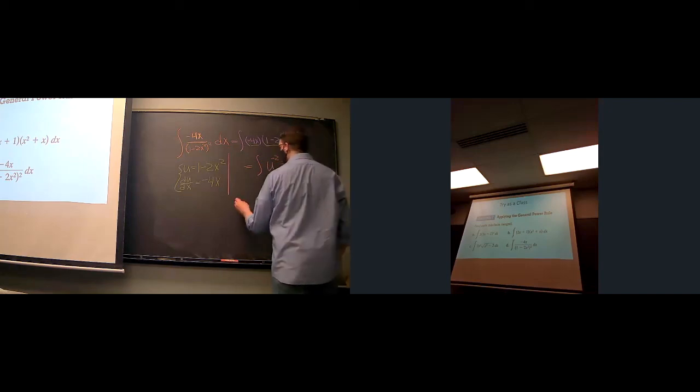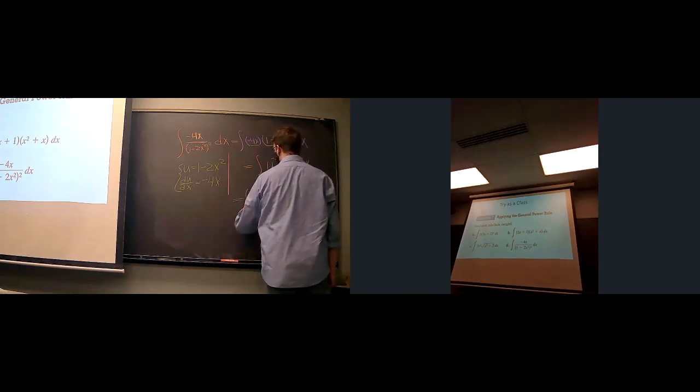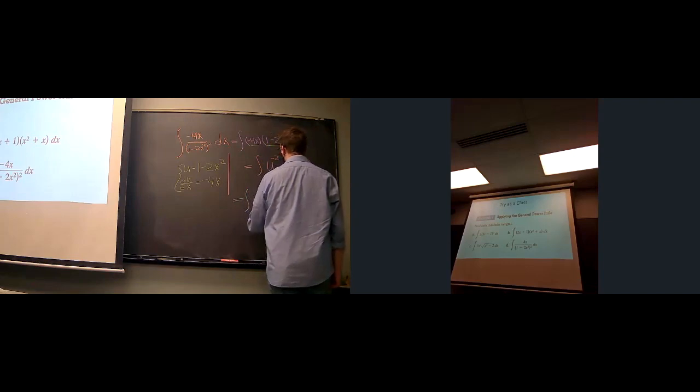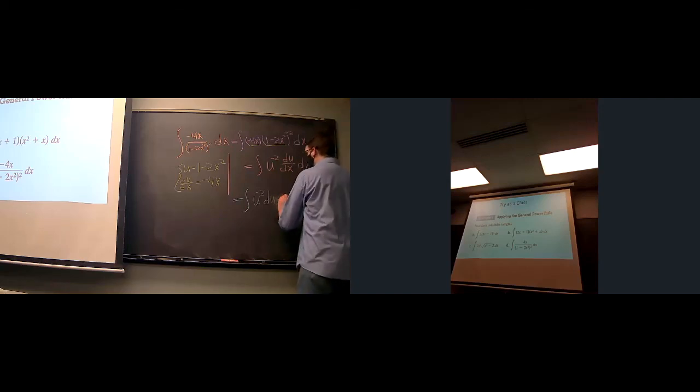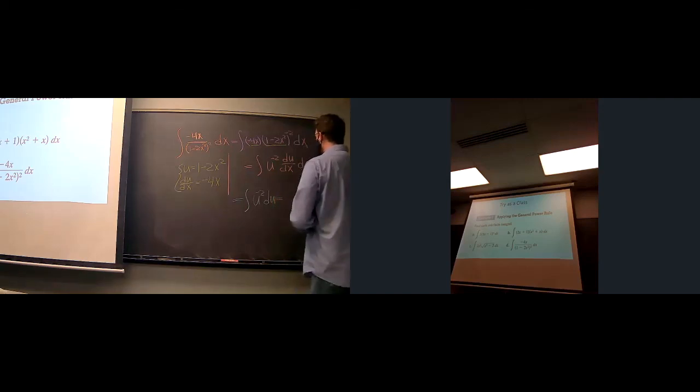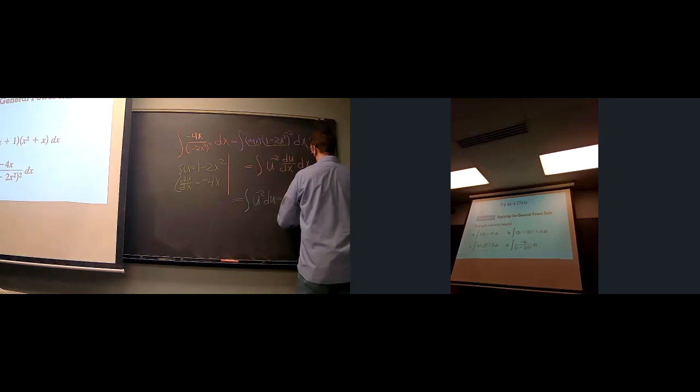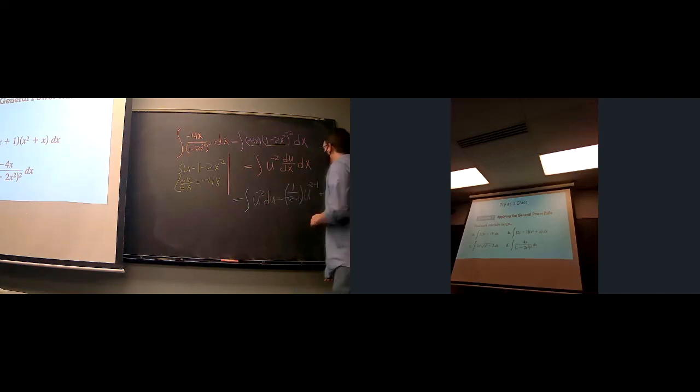Well, that's like u squared du, right? Well, if that's the case, then this is going to be equal to 1 over negative 2 plus 1, all times u to the negative 2 plus 1, all that plus c.